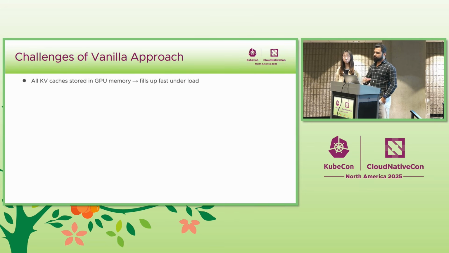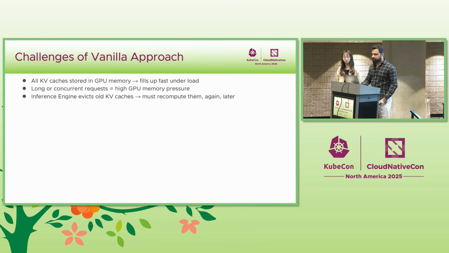So the challenges of the vanilla approach. Whatever we saw so far, that's vanilla. There are no optimizations here. All of this is fine when there are few requests, but as concurrent requests and long prompts show up, like we saw before, the prompt grows quickly. The GPU KV cache also starts to fill up. When that happens, the inference engine has to decide which KV caches are not relevant for the particular request it is serving, and it removes all those.